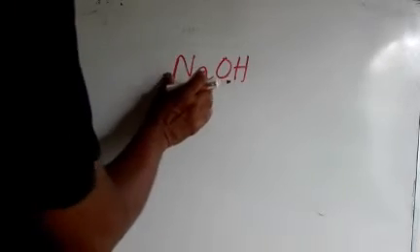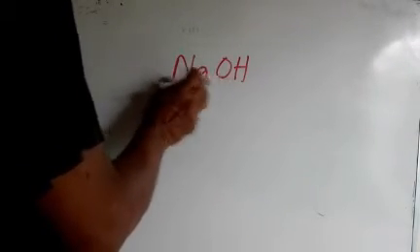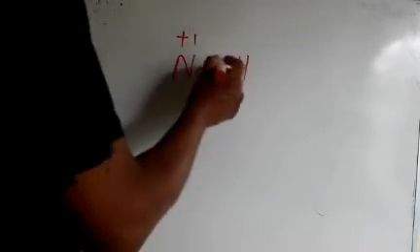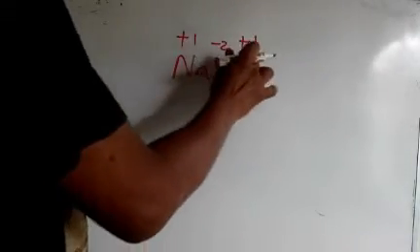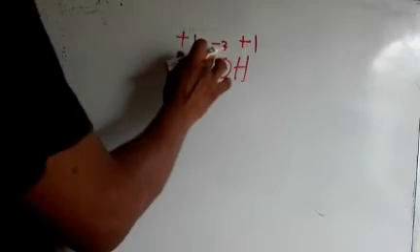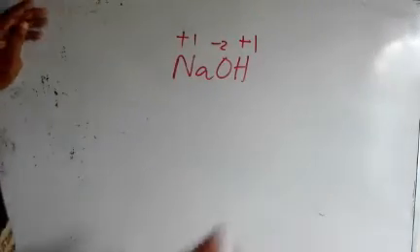That means sodium is +1, oxygen -2, hydrogen +1. Now you can see +1 +1 -2 is 0.